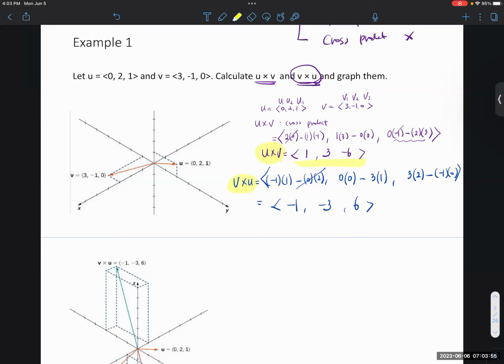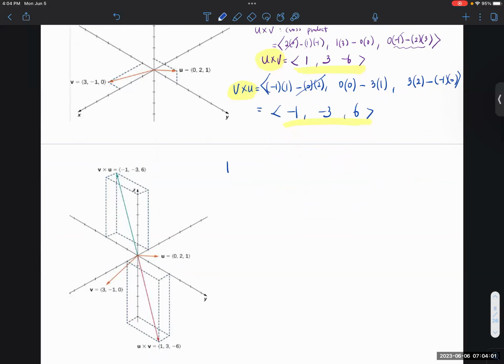And for the opposite, V times U, we got the same numbers but opposite. So what that means is, we just proved that U times V, if you do it in backward order, has a minus in front of it.